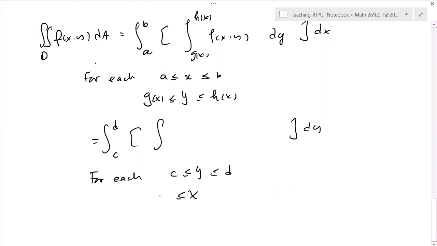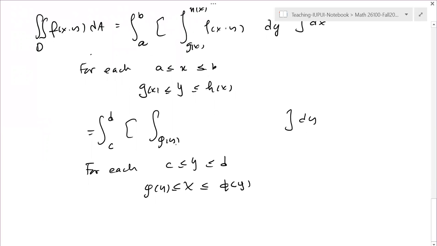I'm going to use phi of y, so you have two functions, and here is f(x,y) dx. This is how we set up two iterated integrals.